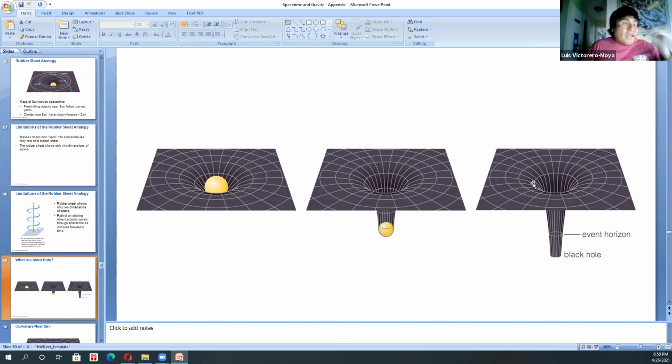Because Einsteinian physics or general relativity can only take us to points where the speed of light is the fastest speed possible. Beyond the event horizon, the escape velocities and whatever is inside is traveling faster than light. And that breaks the whole concept of relativity.